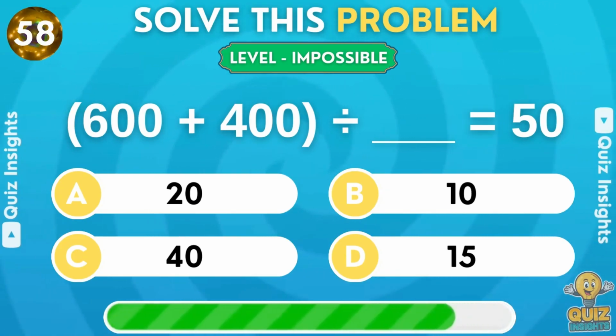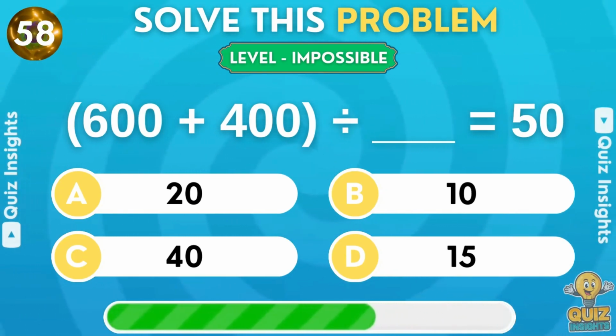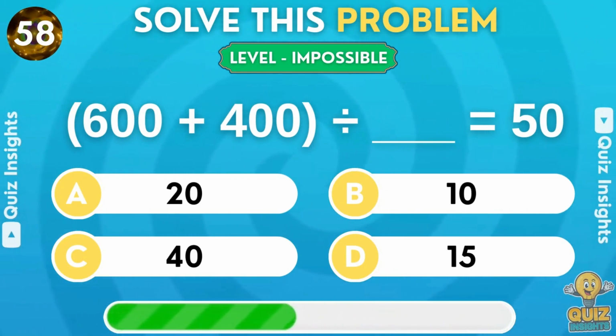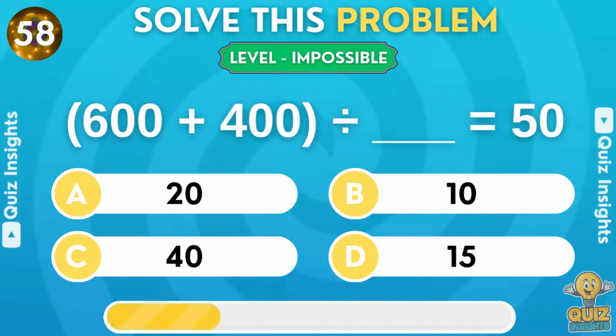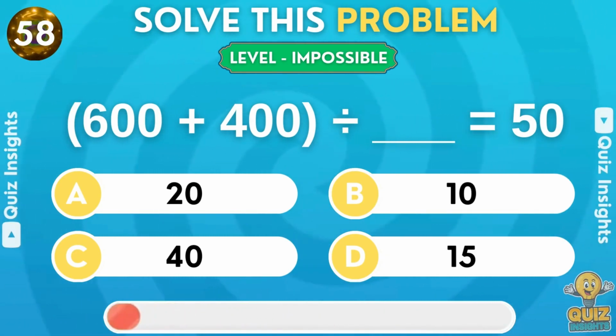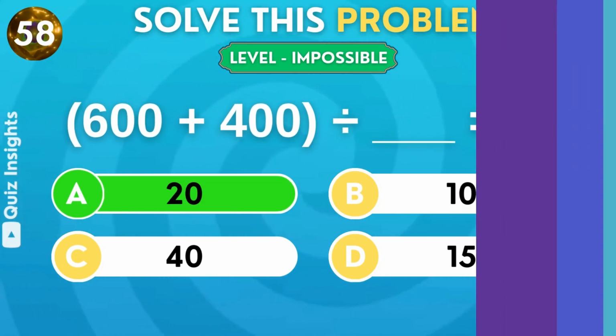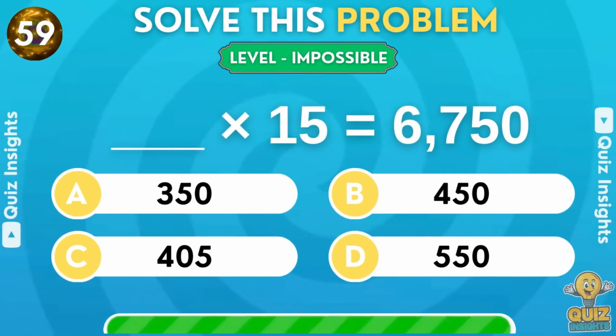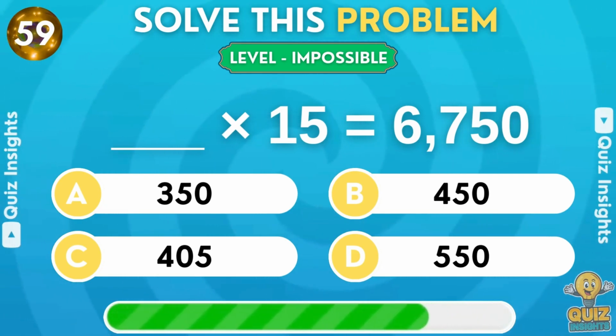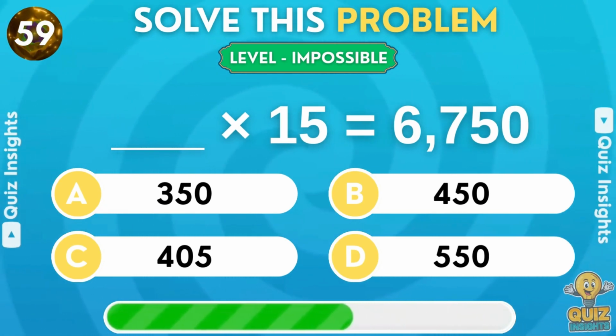600 plus 400 divided by what number equals 50? It's 20. What number multiplied by 15 equals 6,750?